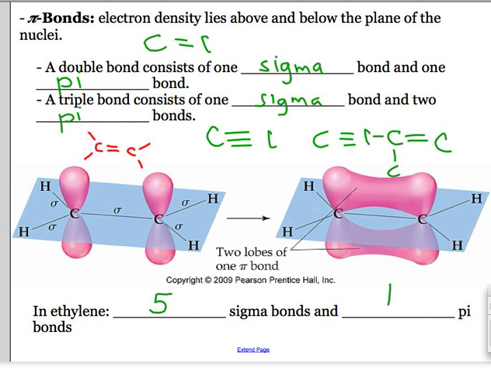All single bonds are definitely sigma. So 1, 2, 3, 4. And then whenever you have a double or triple bond, one of these has to be a sigma. So we have 5 sigmas. And then because of the double bond, we have 1 pi. It's okay if you have no pi's. You don't have to have pi bonds. But you have to have sigma bonds.